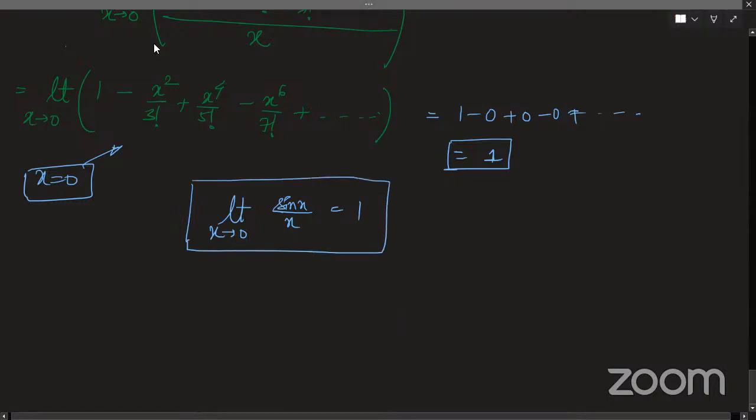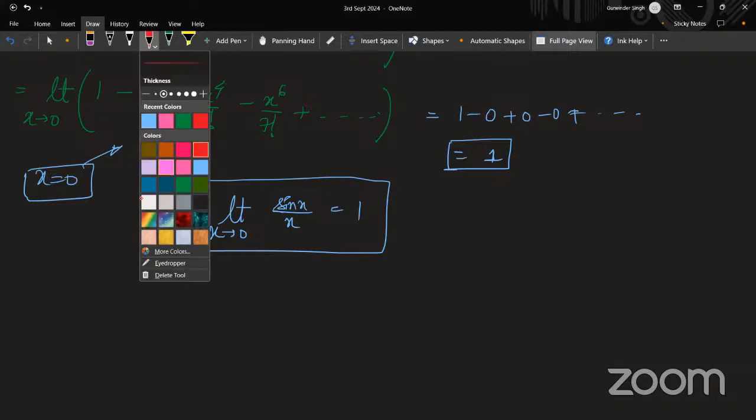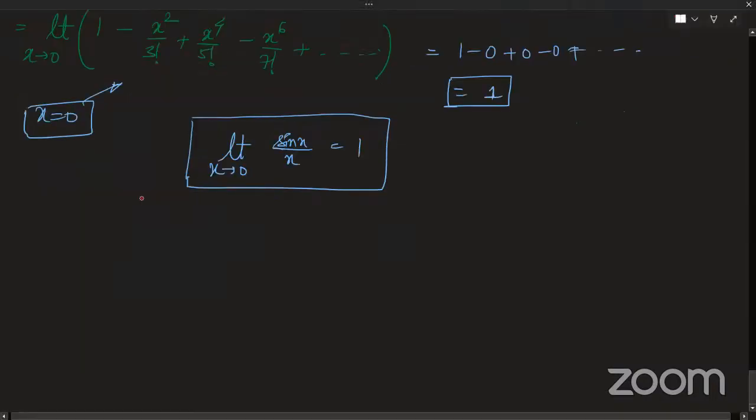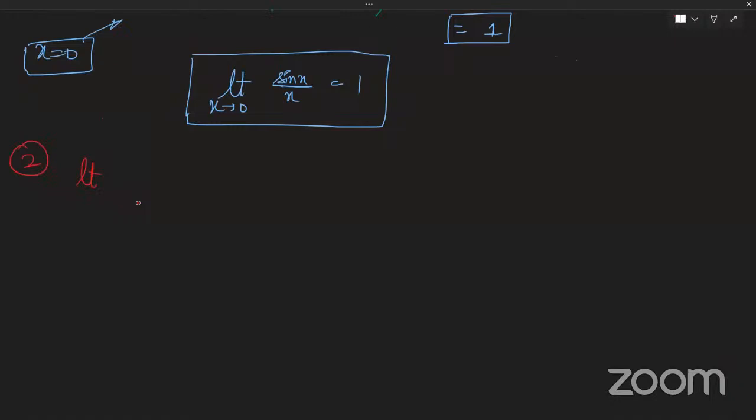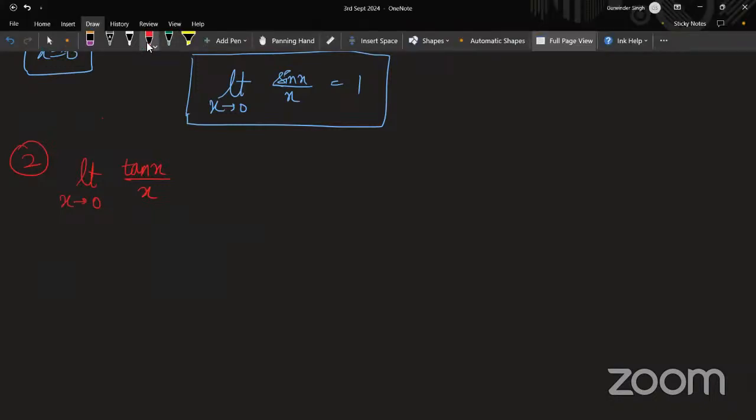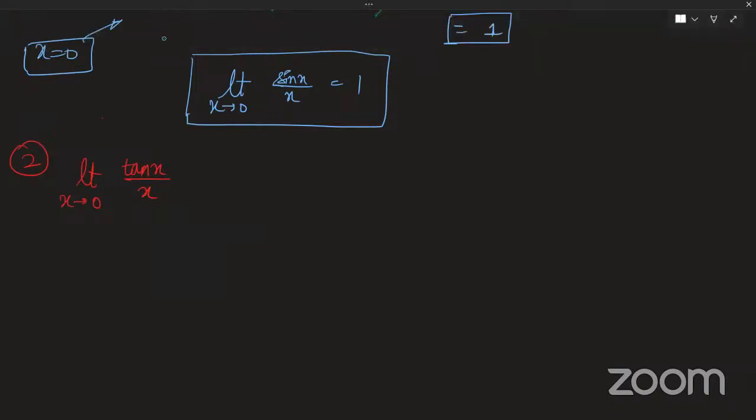Okay. Can we approach this same thing? Let us say we take tan x by x. Does anyone of you remember the expansion of tan x? No one?